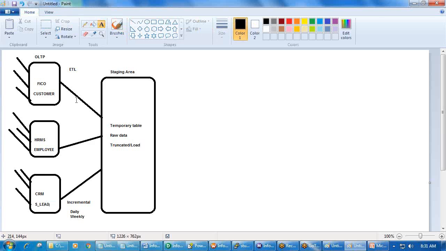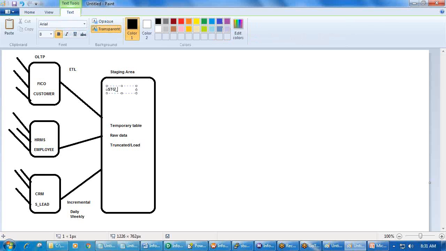When you see these transactional systems, for each and every table you'll have a corresponding staging table, like stg_customer, stg_employee, stg_s_lead, or something like this.